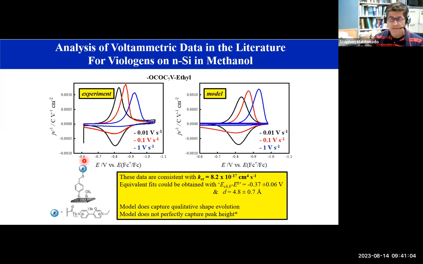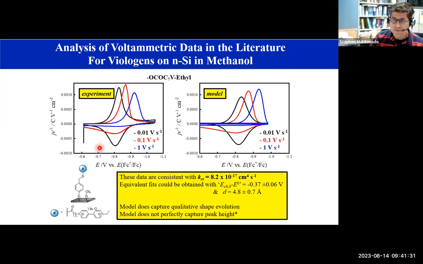If you feed in the physical constants into those equations, which, by the way, have no fitting or adjustable parameters, only physically measurable or knowable parameters of the system, then you can take experimental data like I have on the left and model it and try to analyze what that data says. Okay, so that's what we're trying to do here.